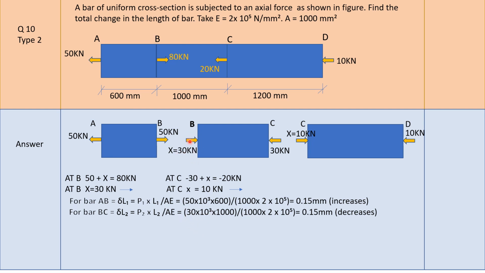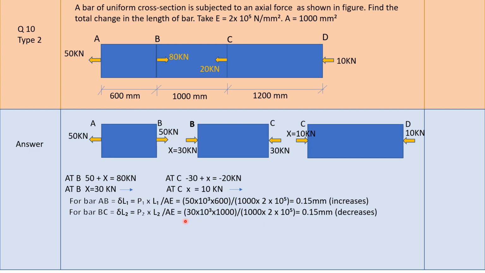Now this is a pushing force, and the length given for the BC is 1000. So 30 exponential 3 means I'm converting it into Newton. Then 1000 is the length L2 divided by area. Area is 1000. E is 2 into 10 raised to 5. These are the values which you have to substitute here.